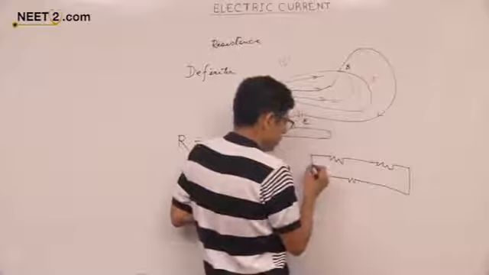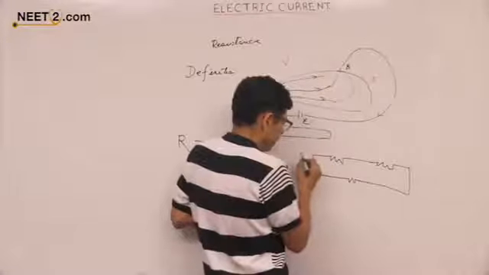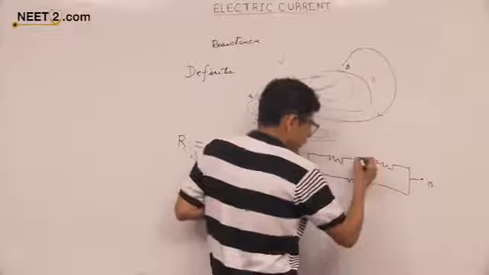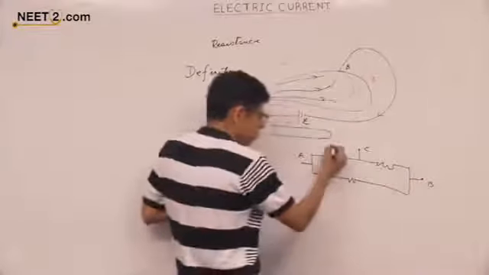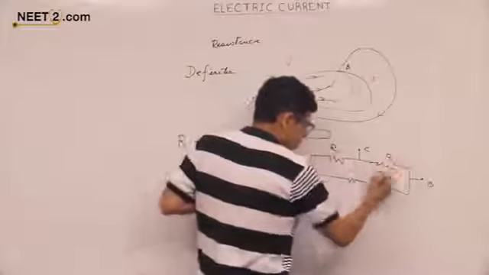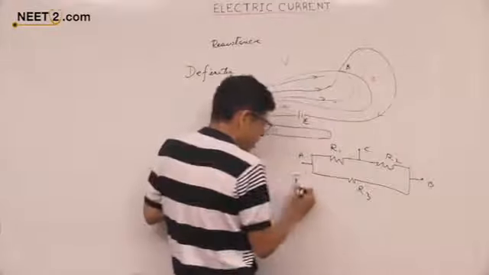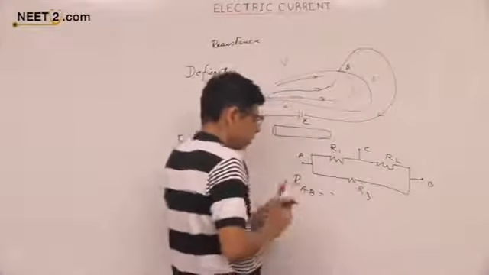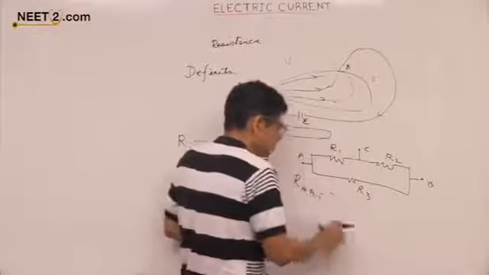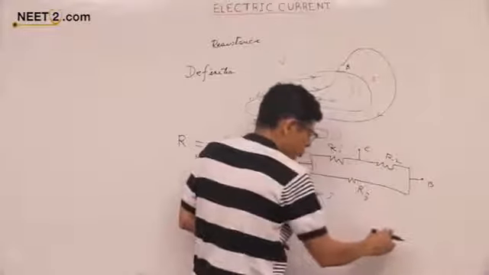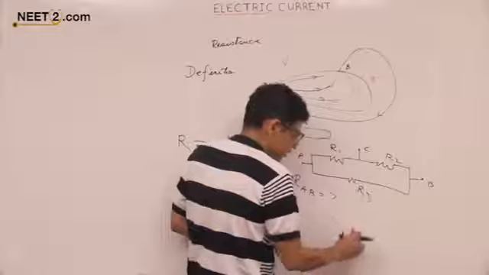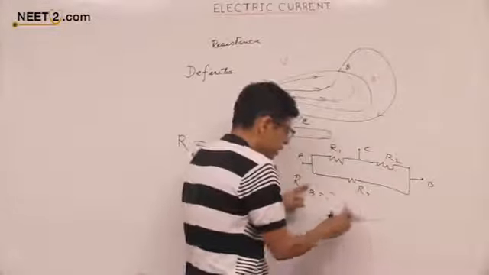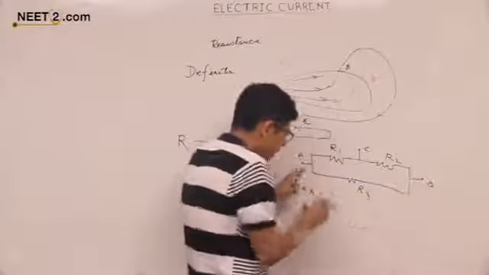Let's call this point A in this circuit, this point B, and this point C. If somebody says, call these R1, R2, R3, and asks, how much is RAB? The meaning of this is the following. If you connect a potential difference between these 2 points like this, and the potential difference connected is V, then what current I goes?